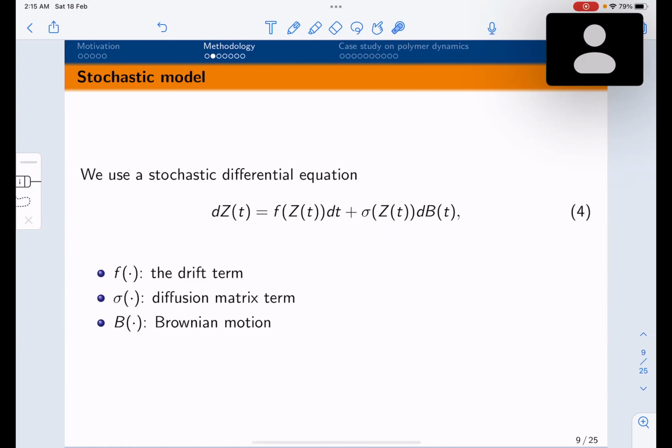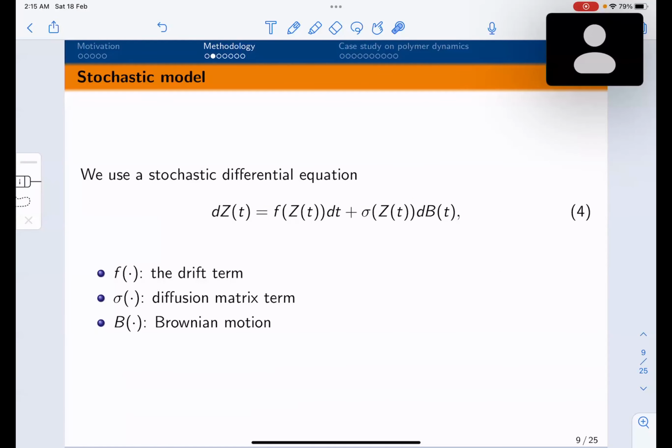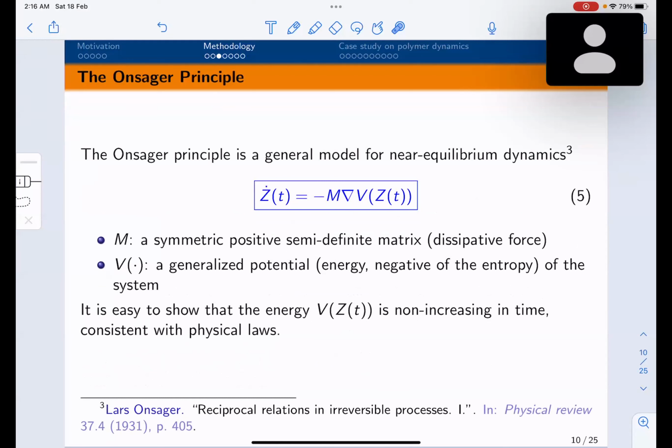We use this formula. Here F is the drift term, sigma is the diffusion term, and B is the Brownian motion term. And then the next problem is how to construct the structure model, right? For the structure model, I want to introduce the Onsager principle. It is a general model for near-equilibrium dynamics.